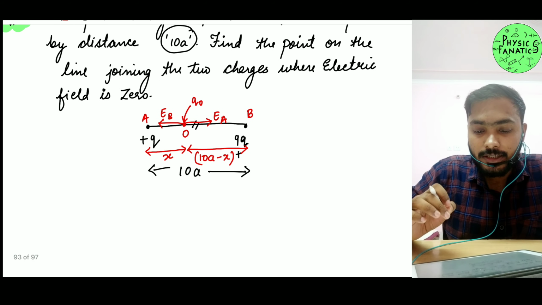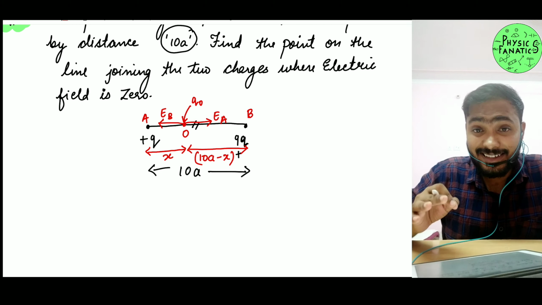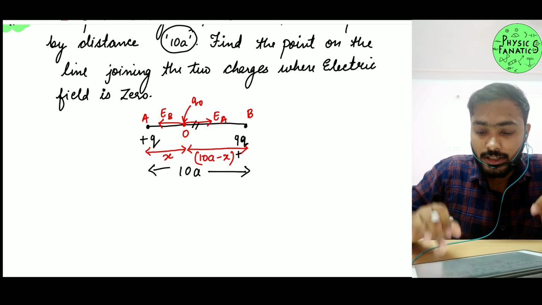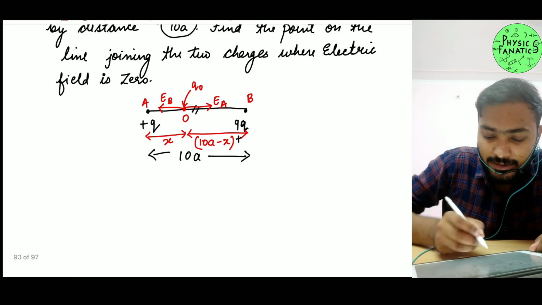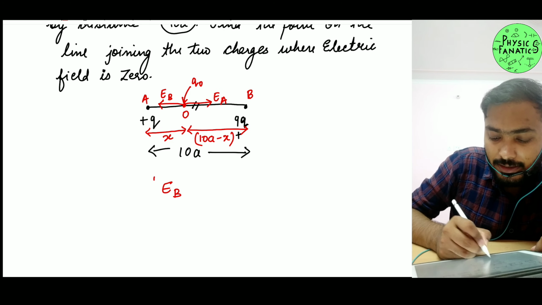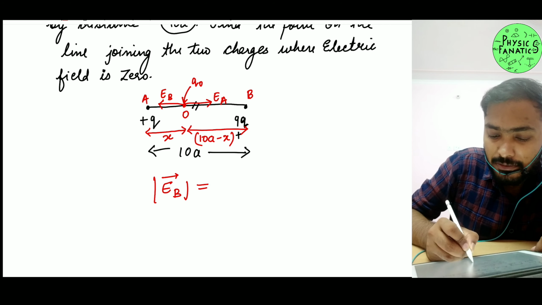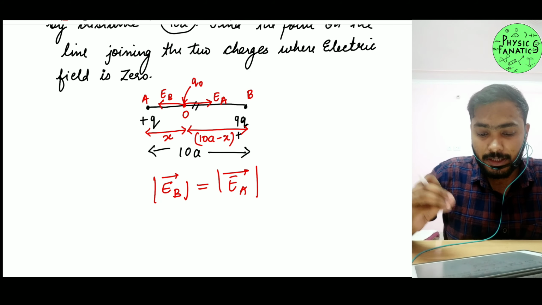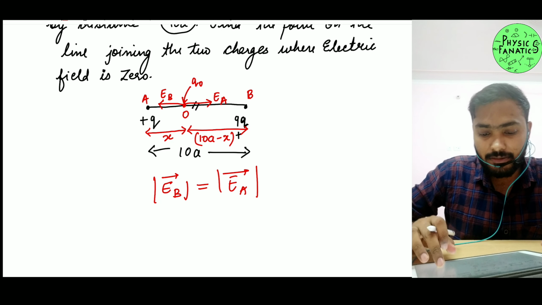So according to my question, I have to balance my electric field at point O, right? So all I have to do is just write the equation, that is electric field at B in magnitude will be equal to electric field at A in magnitude, right? Now I'm left with writing the electric fields for A and B, right?